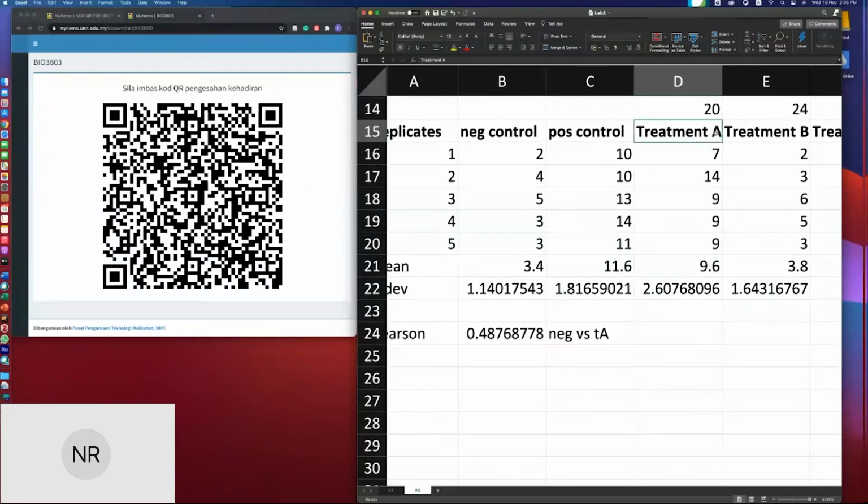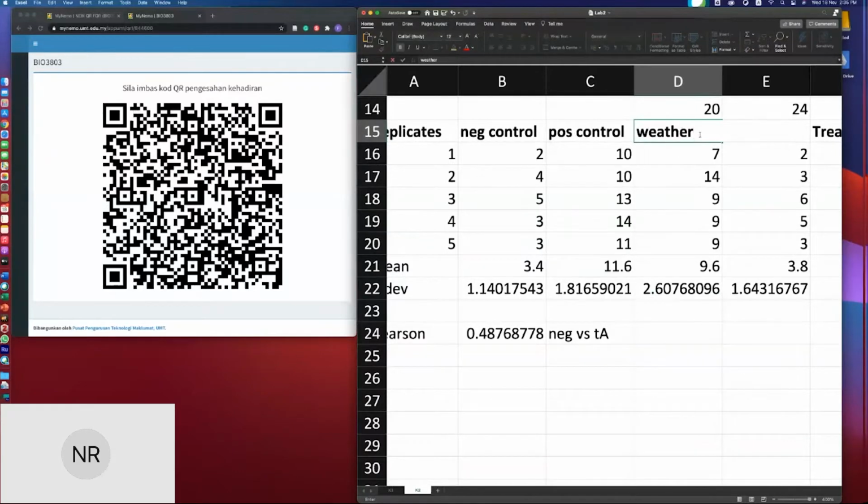If I change the symbol here, for example, treatment A, I change to weather. Sorry, I'm looking at number of nesting total and then compare with the wave height. Contohnya, this particular reason, sebab kita nak tengok correlation.